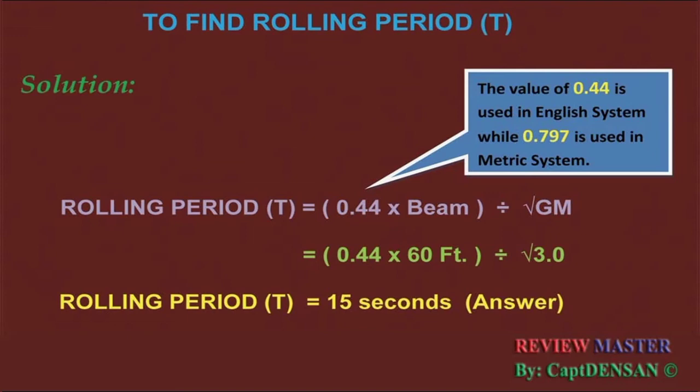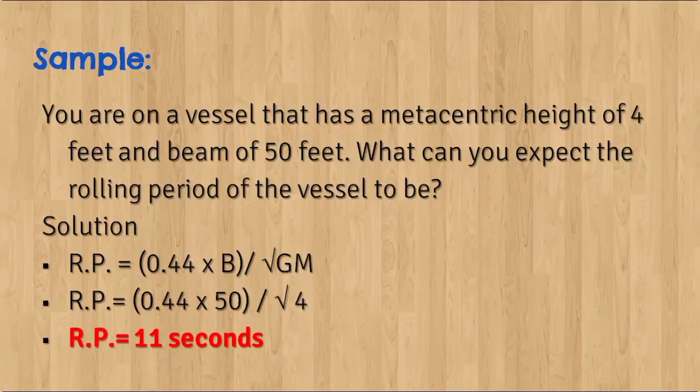So we have here the sample problem. You are on a vessel that has a metacentric height of 4 feet and a BM of 50 feet. What can you expect the rolling period of the vessel to be? So this is something to do with anticipation.